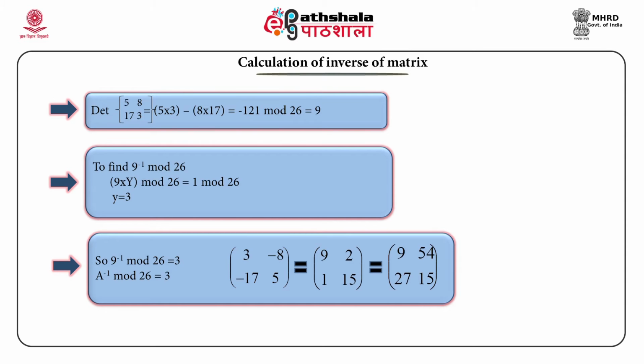So, if I find out subdeterminant, in that case j is 1 and I is 1. So, remove the first row and first column. So, you are landed up with 3. So, 3 goes as a first element.